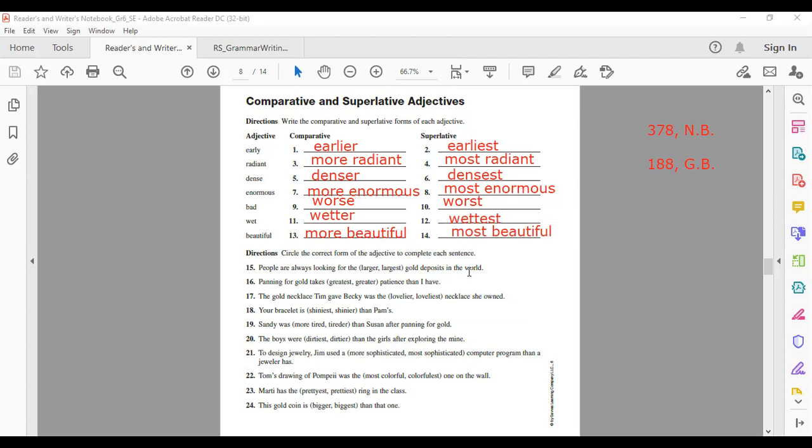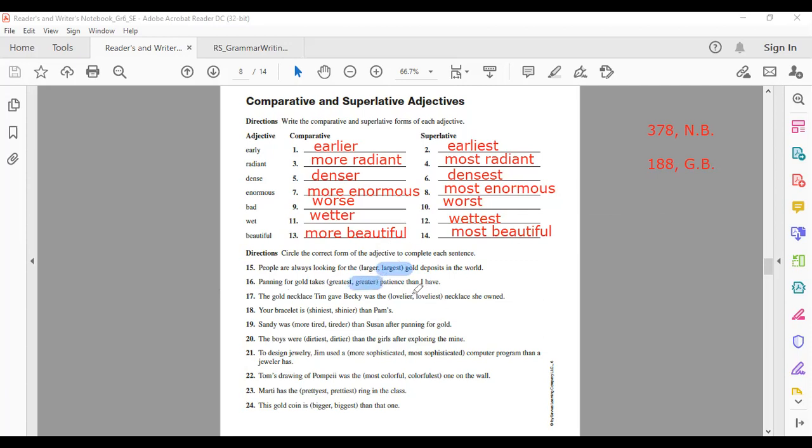Okay. Circle the correct form of the adjectives to complete each sentence. People are always looking for the larger or largest gold deposit in the world? Largest. Number 16. Panning for gold takes greatest or greater patience?